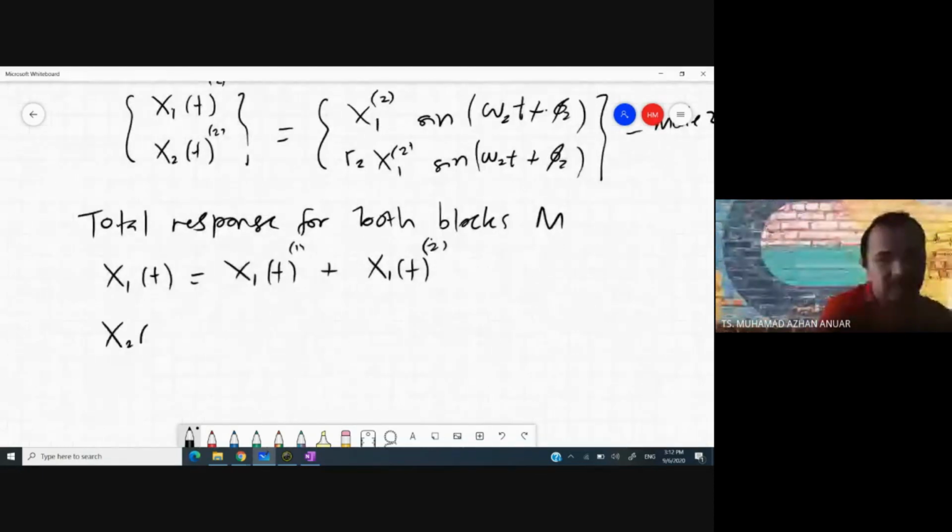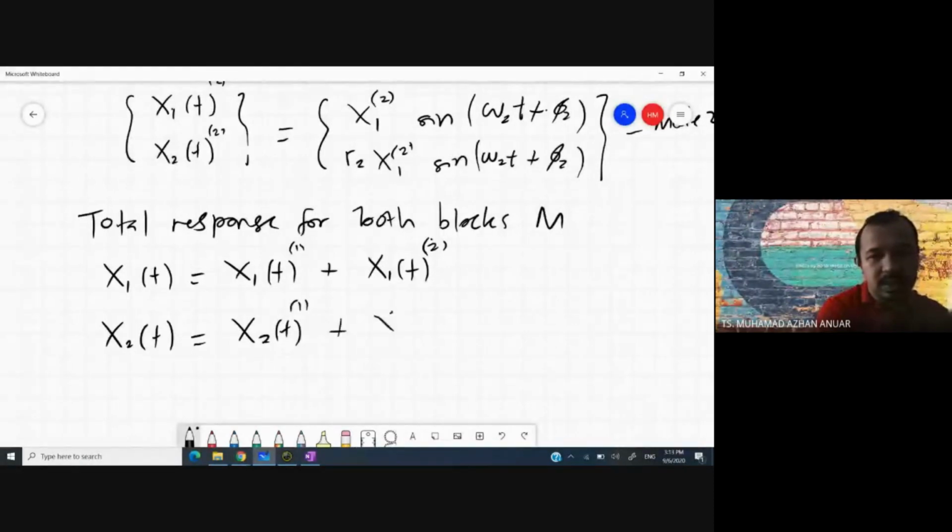And we should know that the X2 total is equal to X2(t) due to the first one plus X2(t) due to the second one.